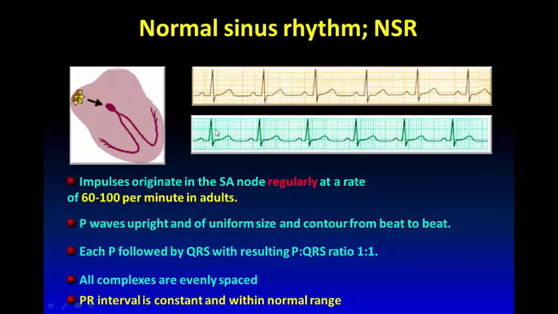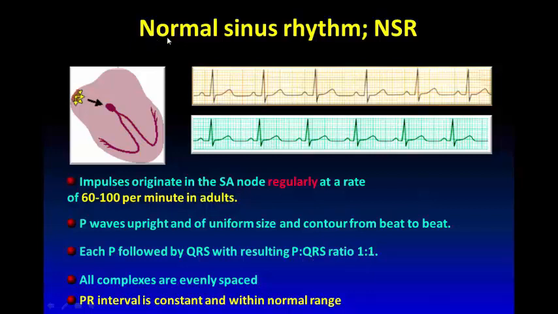Similarly, this ECG shows a normal sinus rhythm. Each P wave is followed by a QRS complex, resulting in a ratio between the P waves and the QRS complexes of 1 to 1.